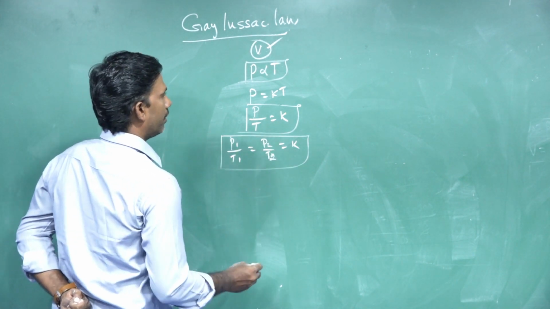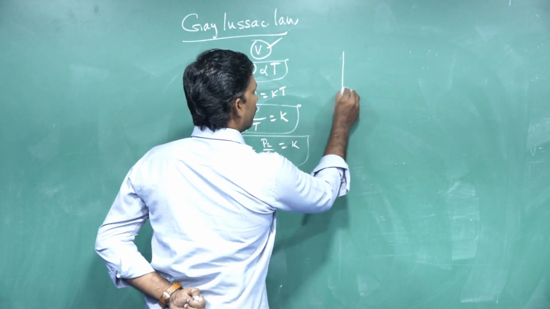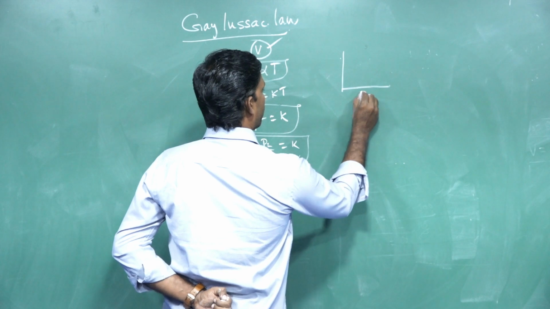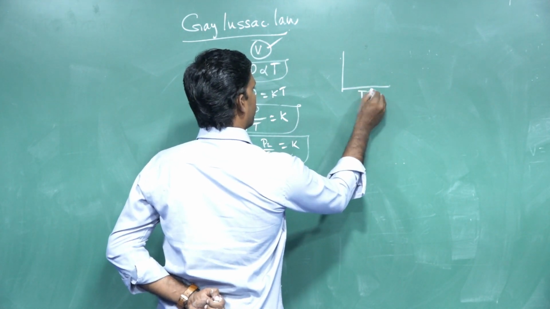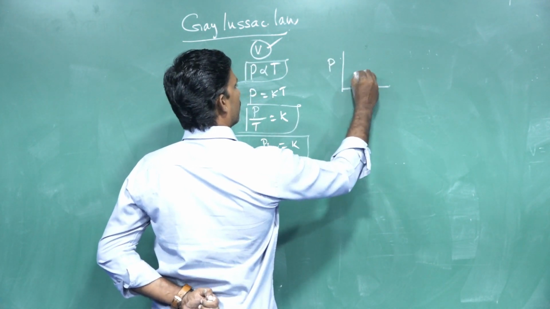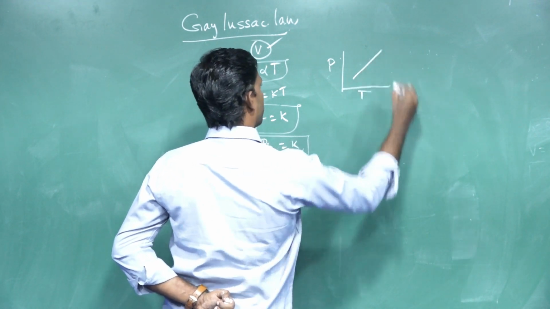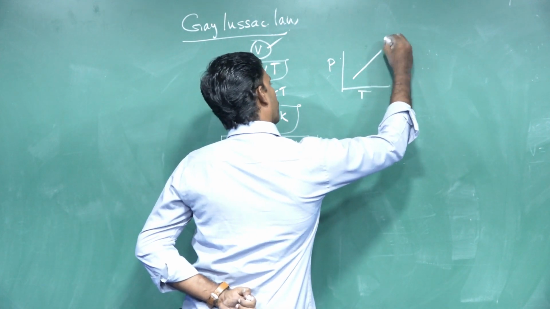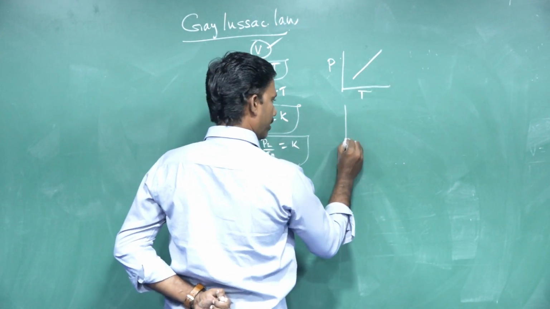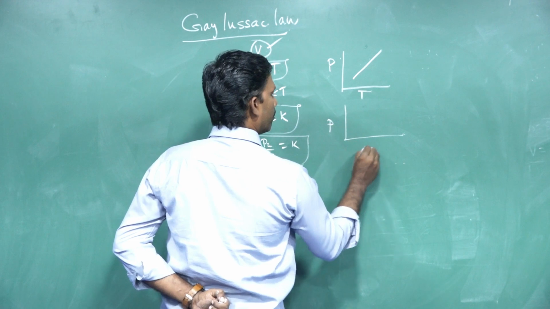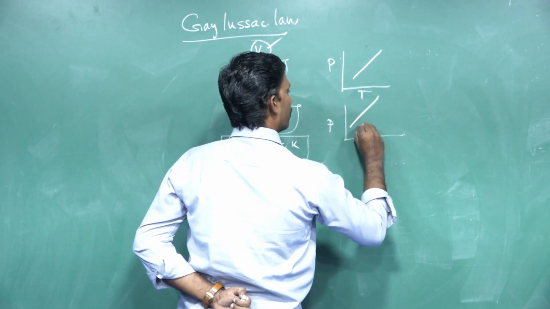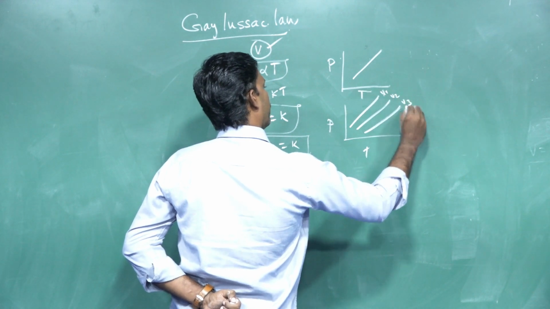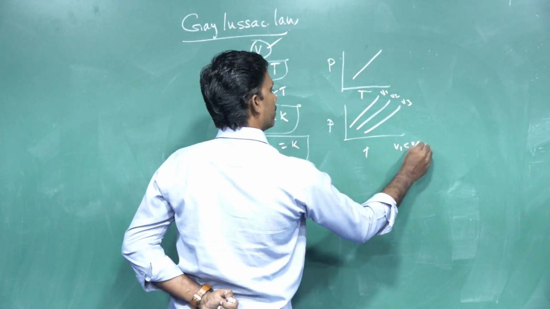Okay. If you want a graphical expression for the Gay-Lussac law, temperature versus pressure. So temperature increases, pressure also increases. The graph will be going like this at a constant volume. For different volumes, the graph will go like this: V1, V2, V3, where V1 is greater than V2, which is greater than V3.